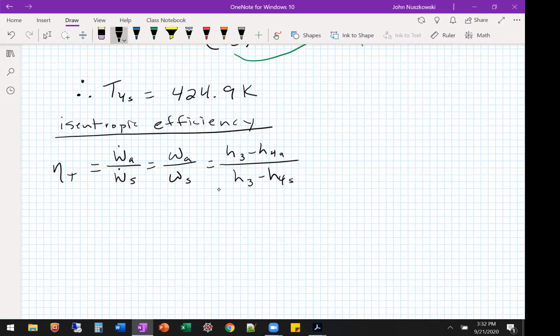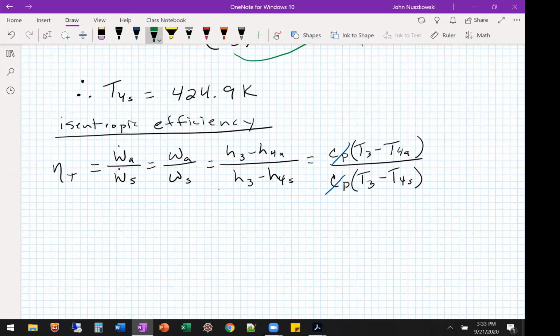If we had variable specific heats, we'd have to use something else here, but we have constant specific heats, so the CP's cancel. So we just have T3 minus T4 actual over T3 minus T4S.